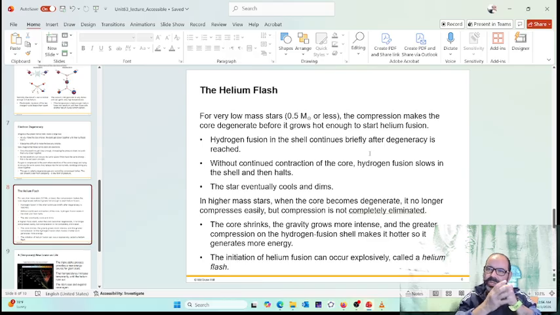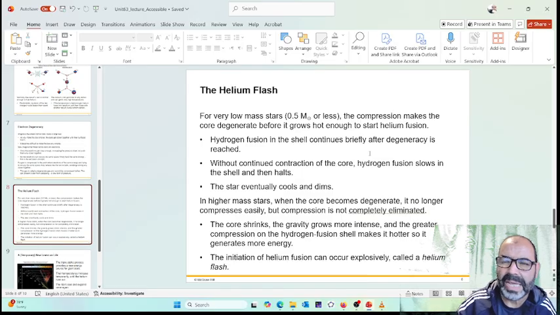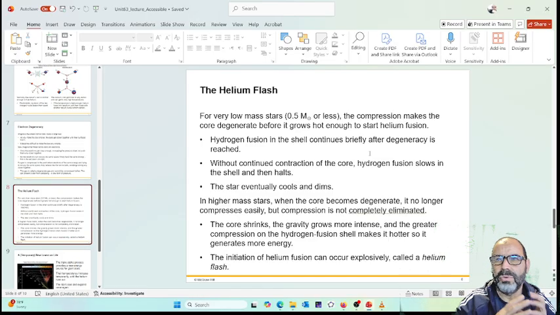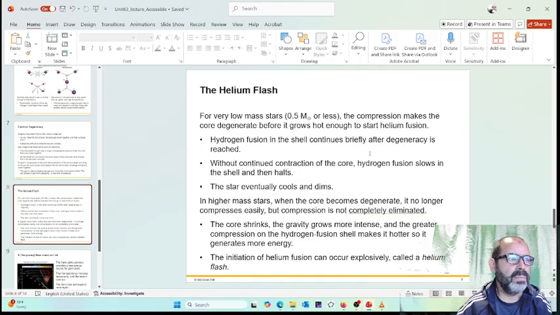There is some hydrogen in the shell that's going to fuse, but that's not high enough, and the further collapse is not really going to increase the temperature high enough for helium to fuse. So they're basically going to fade out of existence. They're still a big massive ball, but their temperature starts to decrease and they stay in that state for a long time.